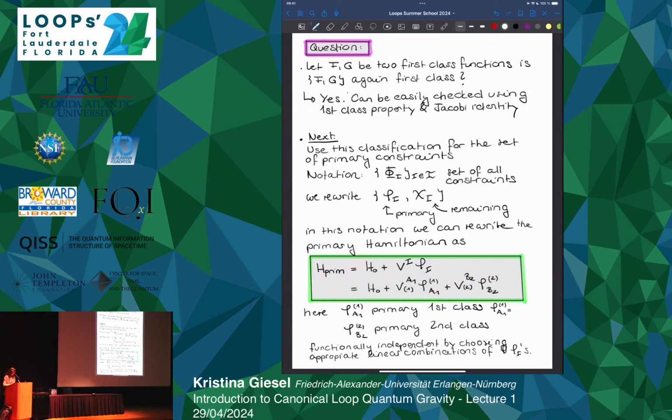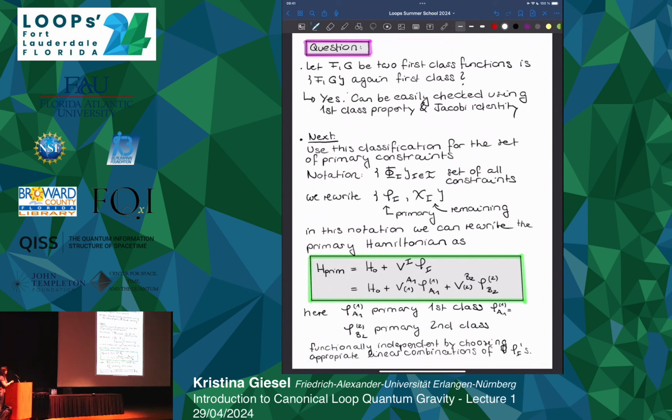Now, given this classification, let's go back to the primary Hamiltonian and see how it looks. So let's again assume we have a final set of constraints phi I here. We separate this into primary and all the remaining constraints which come up in the Dirac algorithm at the second, third, fourth, or any other finite step. So phi I is the primary, chi I are the remaining ones.